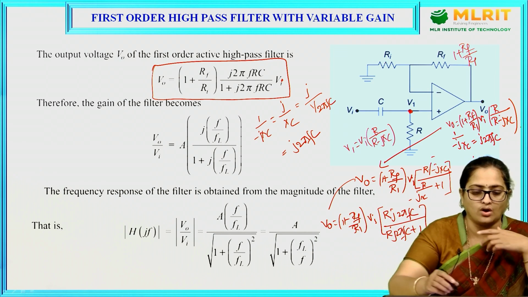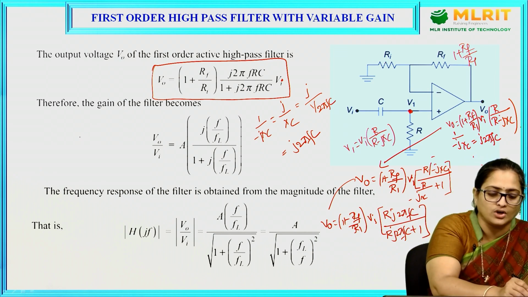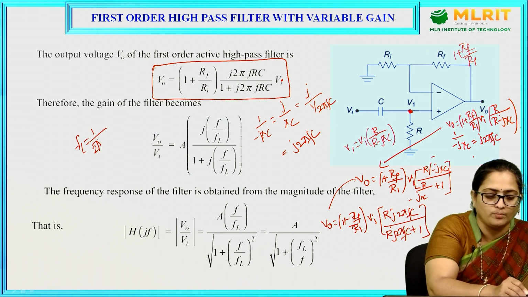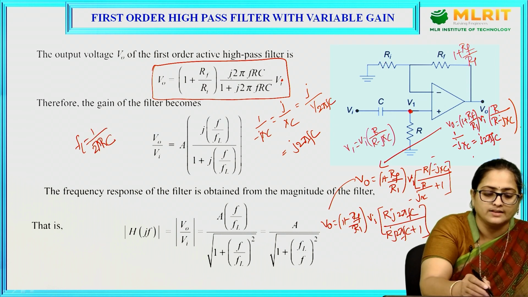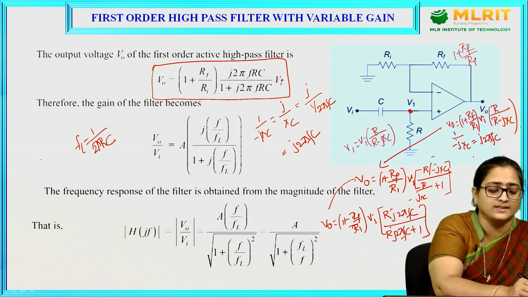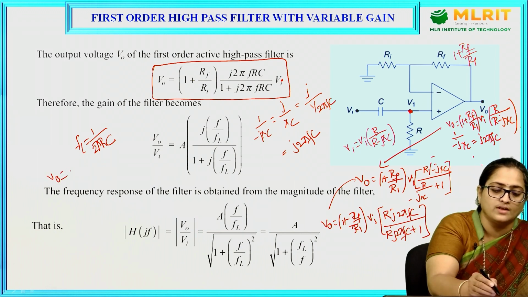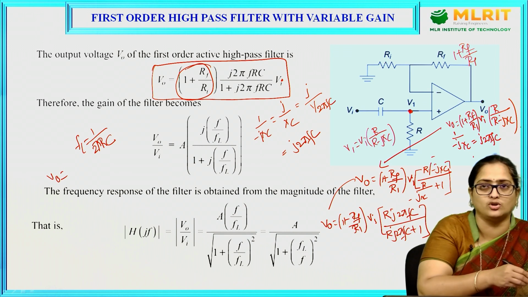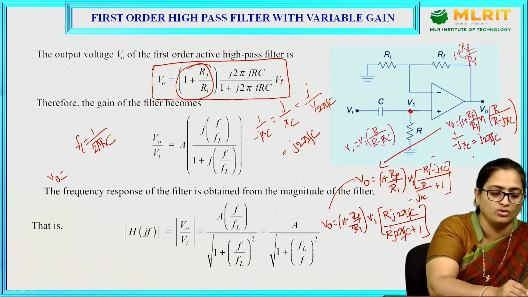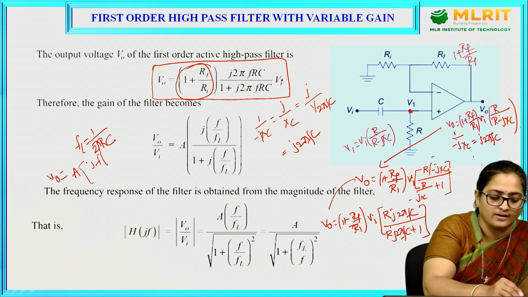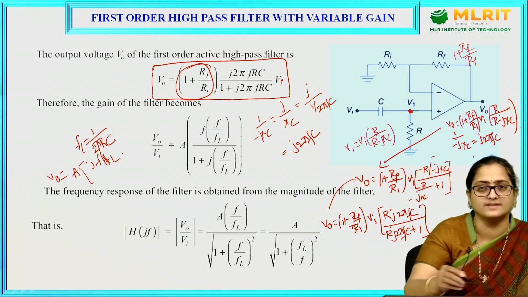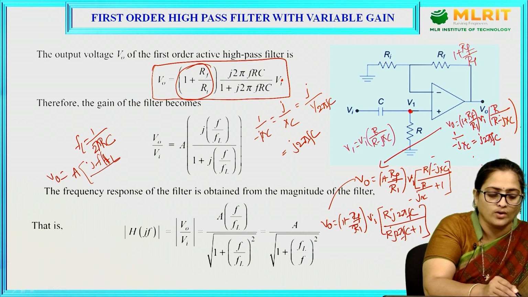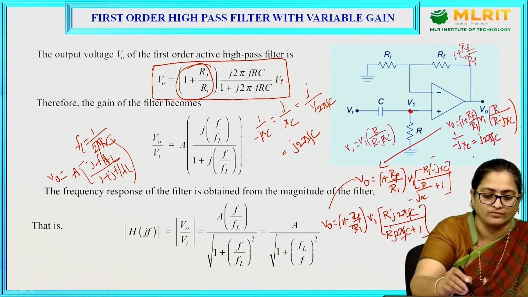So, if you solve by assuming the cutoff frequency FL as 1 by 2 pi RC, you can rewrite this equation as V0 is equal to A into j F by FL, where FL is equal to 1 by 2 pi RC, divided by 1 plus j F by FL, where 1 plus Rf by R1 is the gain A of the amplifier.